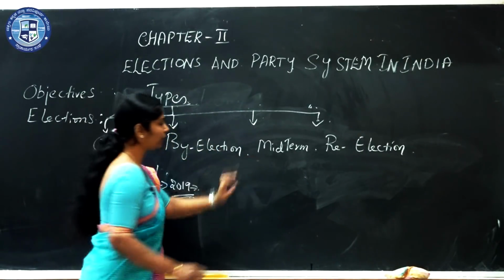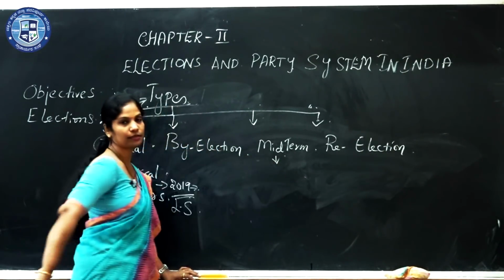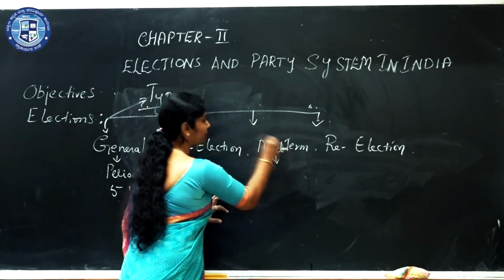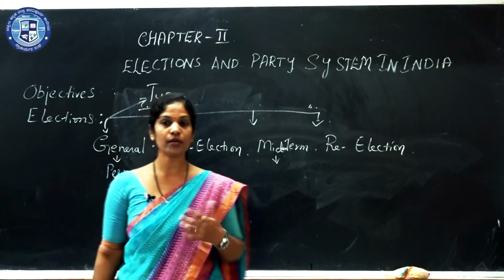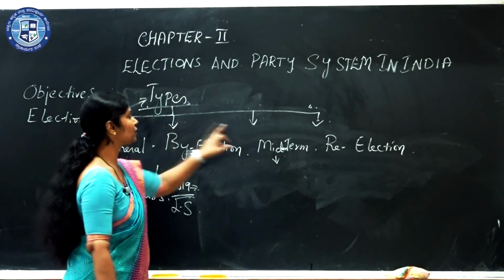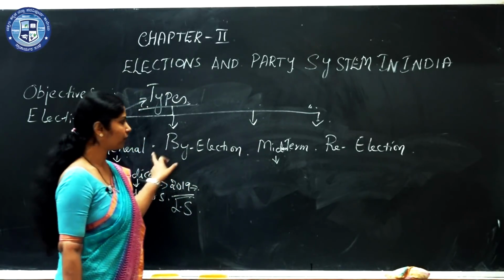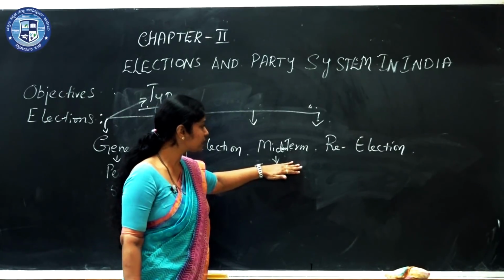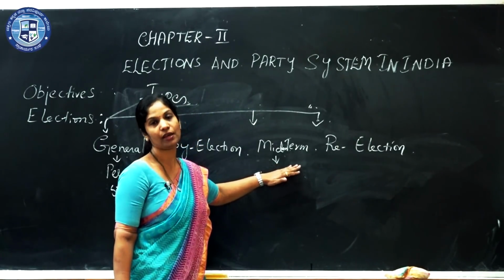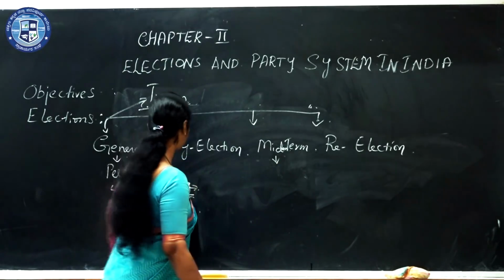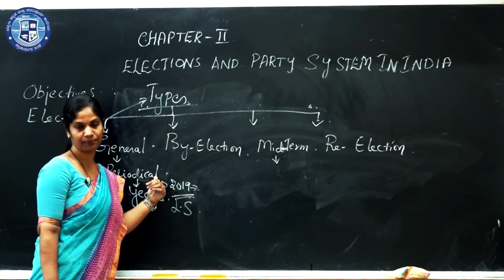Then let us move on to the next type of election, that is the midterm election. What is the meaning of midterm election and how is it different from the general election? As you can understand from the name itself, midterm elections are held before the expiry of the term of 5 years. Why?